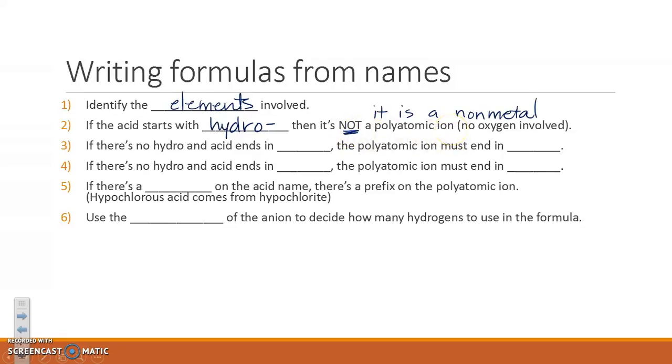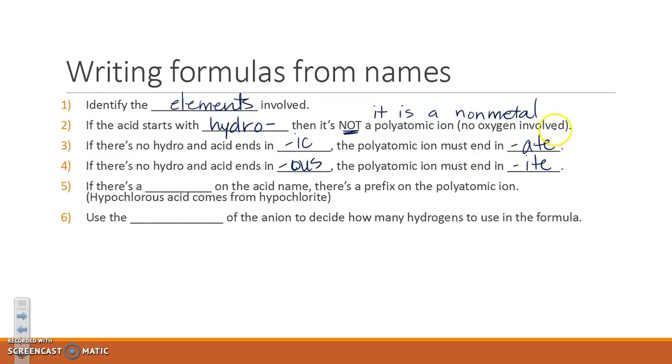If the name does not have hydro in it and the acid name ends in IC, then the polyatomic ion name should end in ATE, right? I ate something icky. If there's no hydro in the name and the acid ends in OUS, then the polyatomic ion name must end in ITE.